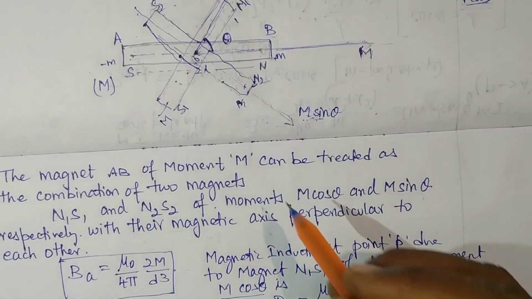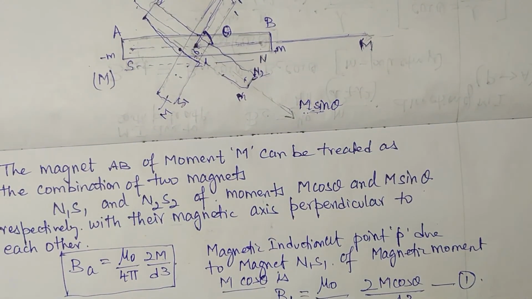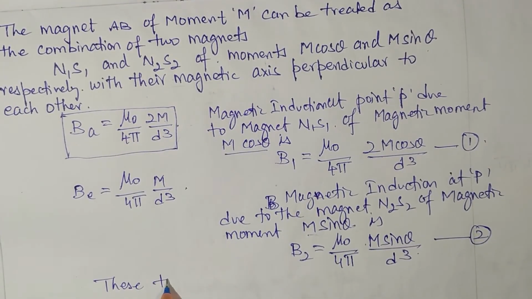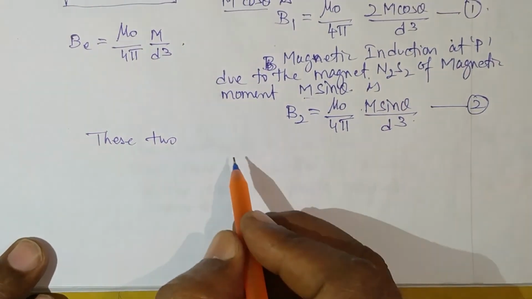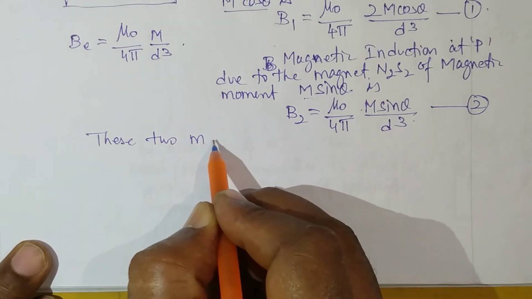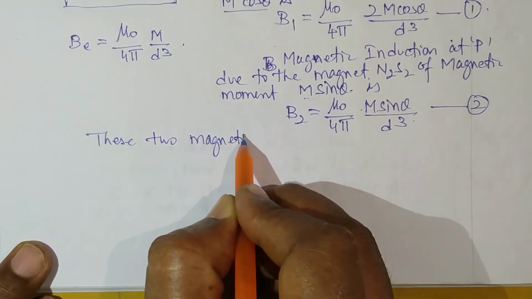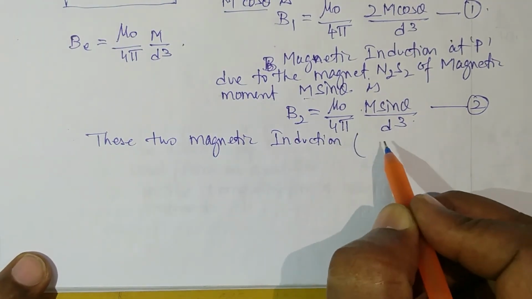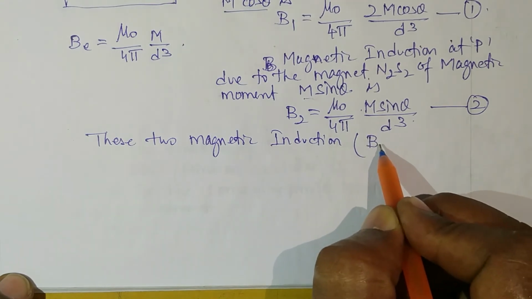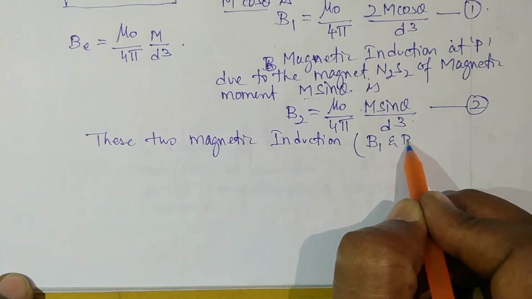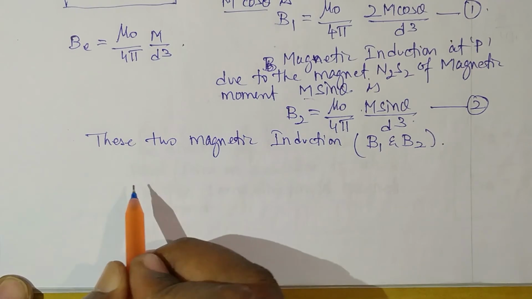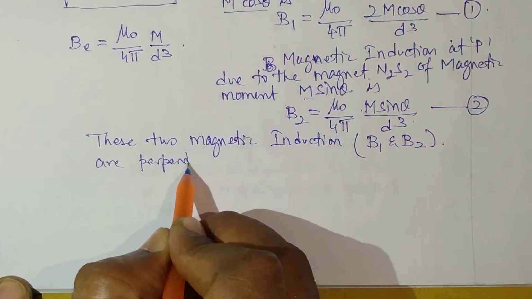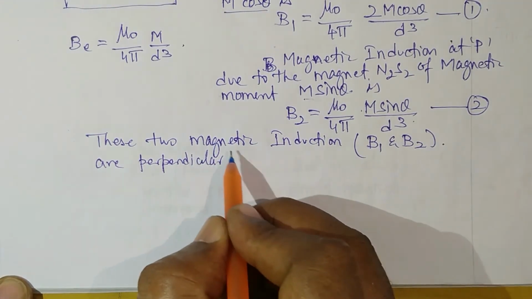So what will be the resultant? These two magnetic inductions, that is, the induction of magnet 1 and the induction of magnet 2, are perpendicular to each other.